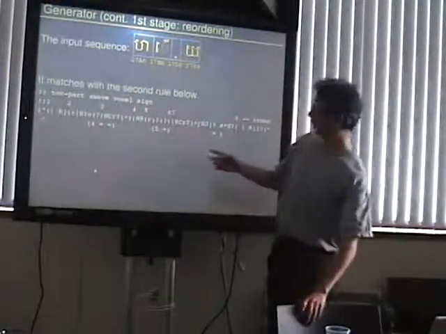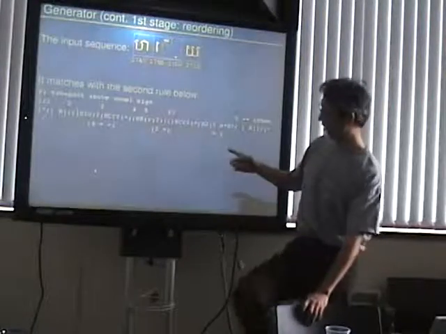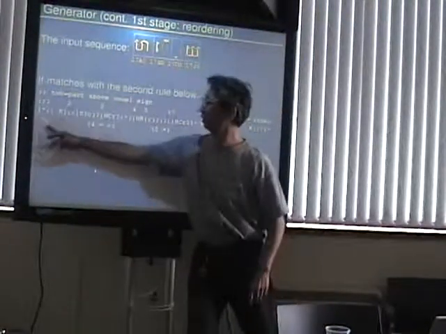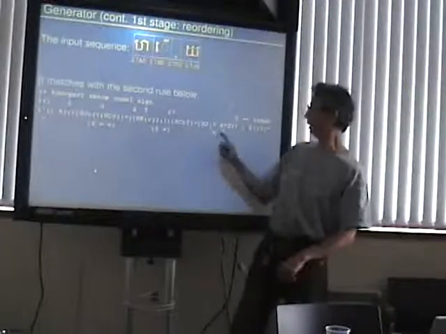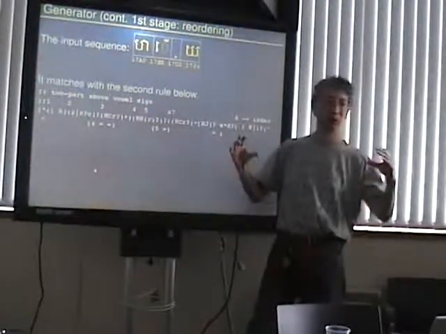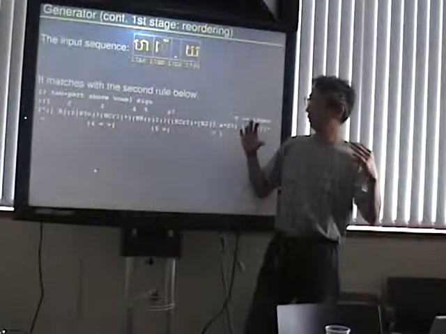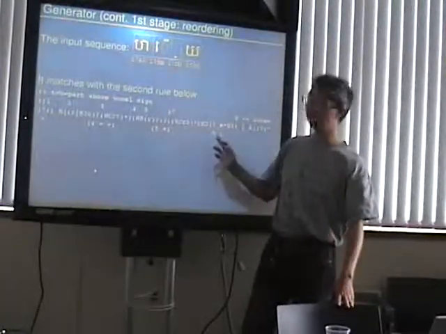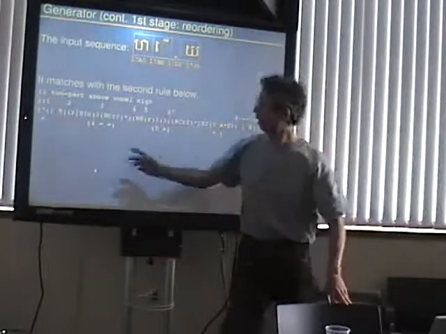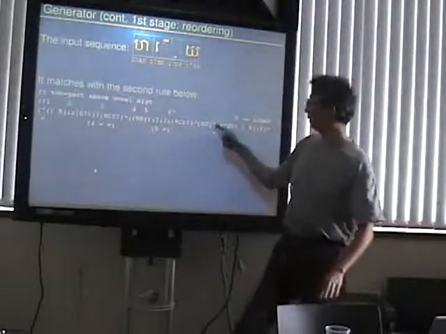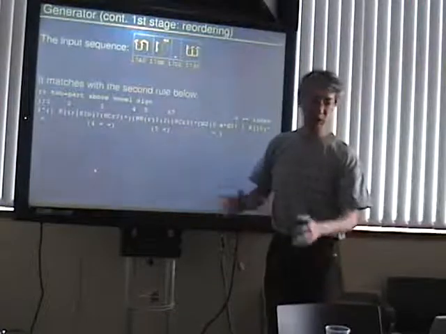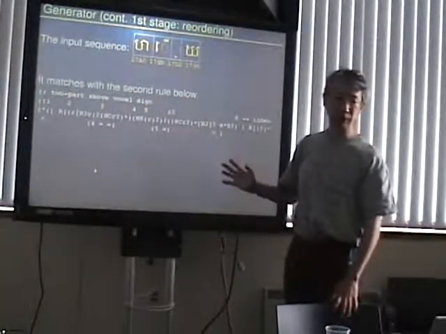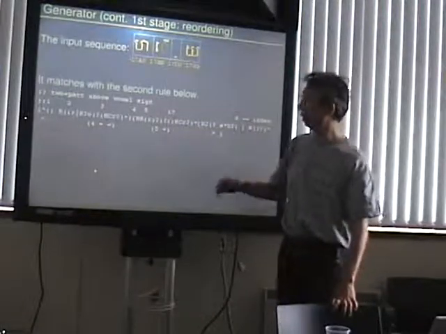I'll explain each one shortly. The first, this symbol shows that we make this pattern a single cluster. And this vertical bar inserts a special code in the output sequence to be used as the separator for the next stage.